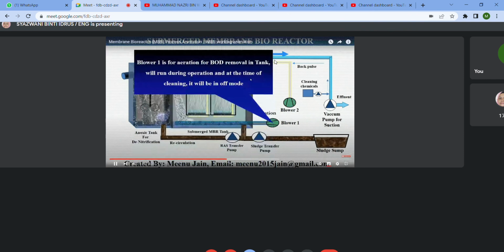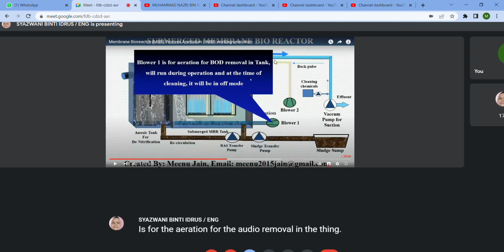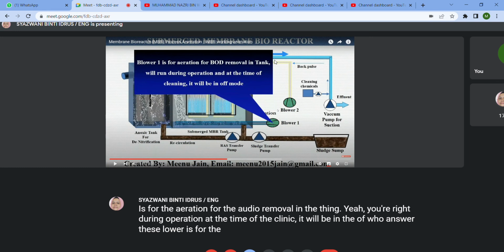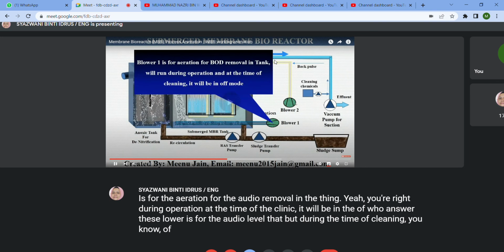Okay, so blower 1 is for the aeration for BOD removal in the tank. We run it during operation, and at the time of cleaning it will be in the off mode.